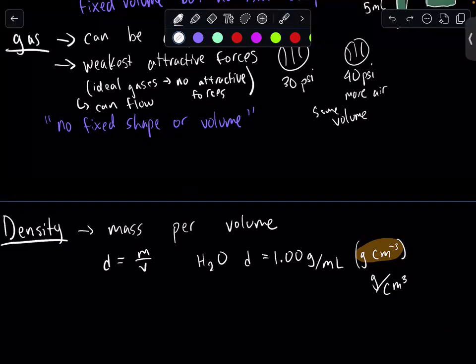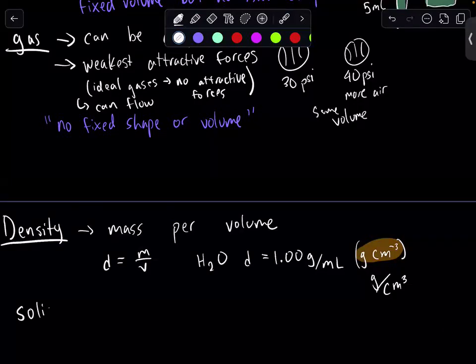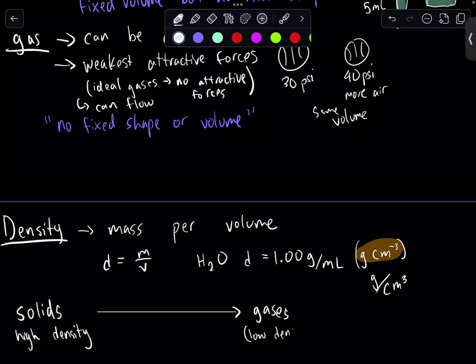Anyways, density is mass per volume. Generally speaking, solids have a high density, all the way to gases, which have a low density. And somewhere in the middle, we have our liquids, where they don't have a high or low density, more medium.